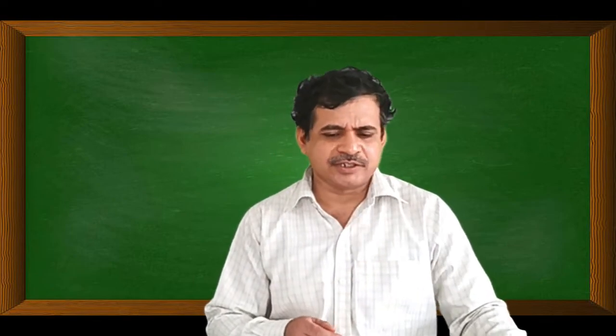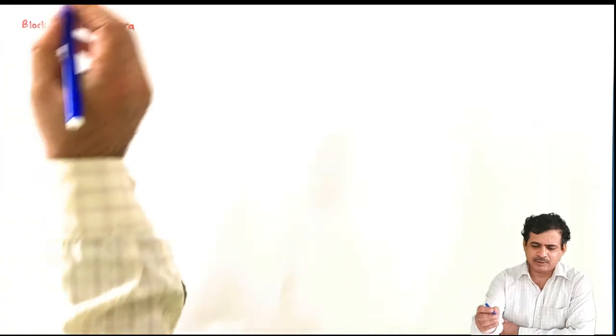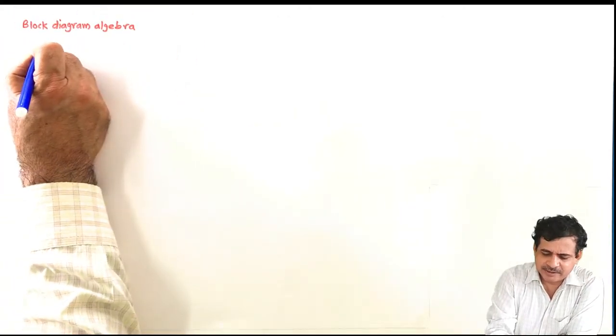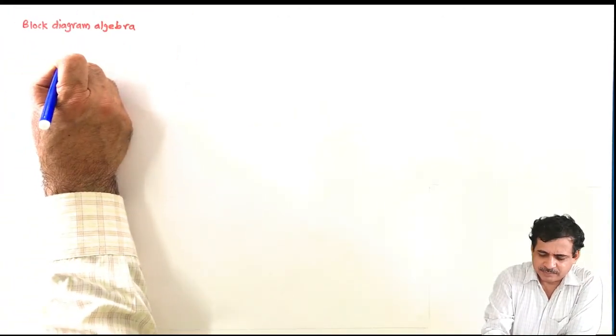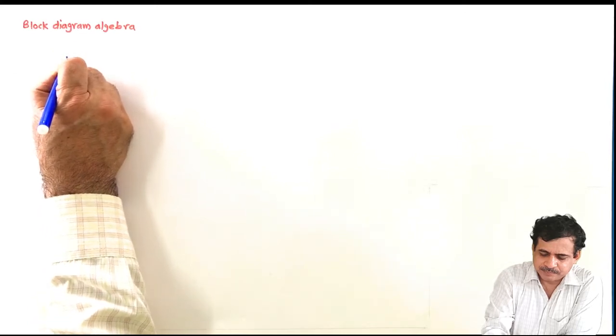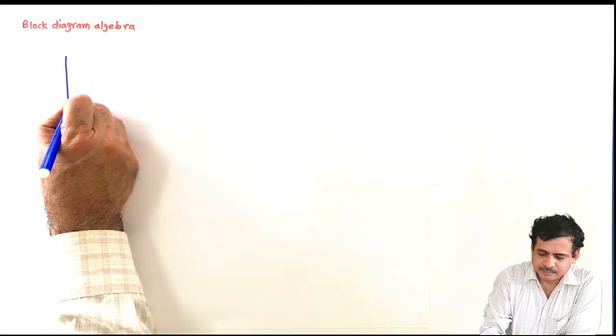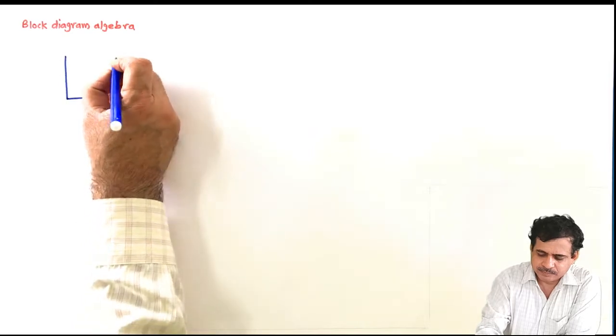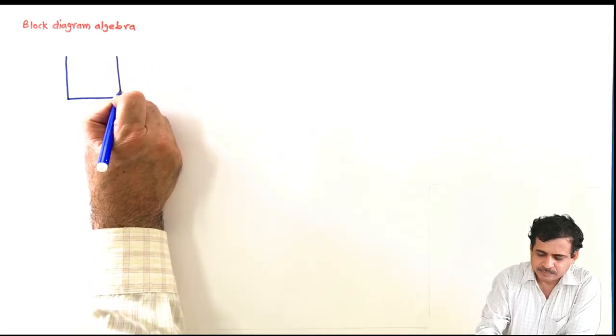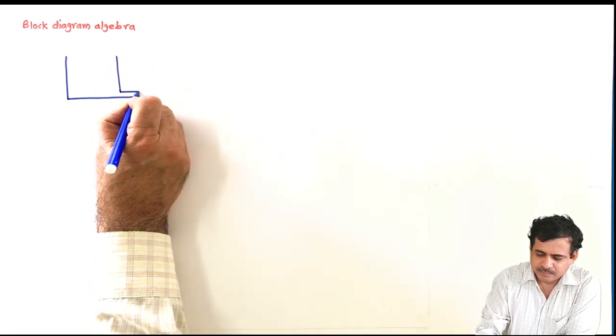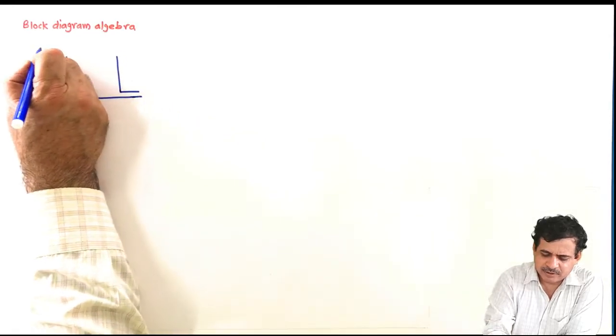So let us consider one example so that we will have the idea. Let us consider a level control system. This is a simple feedback control system.